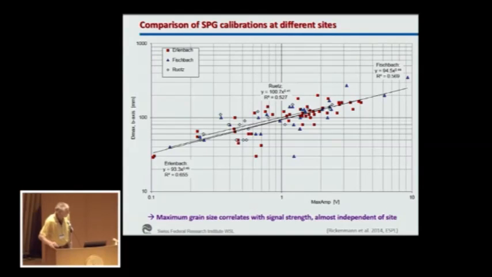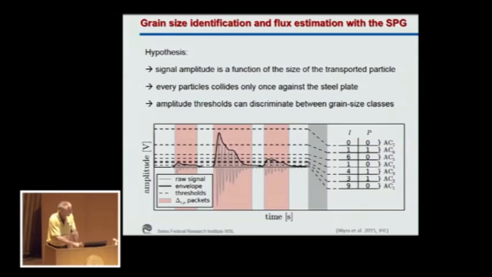And you can see that there is some general trend of a dependency of the maximum transported grain size, a correlation with the maximum amplitude of the signal during the calibration measurements. Of course, there's quite some scatter, but still it appears that this dependency, this functional relation, is quite independent of site.